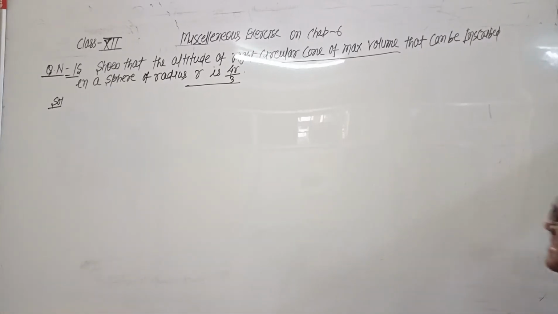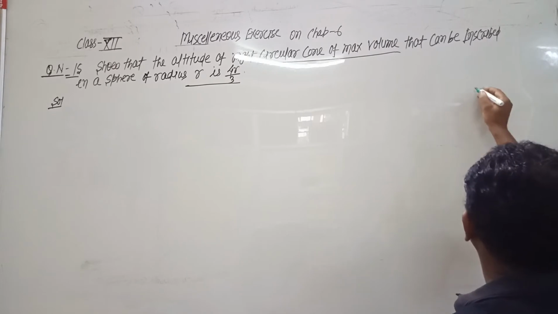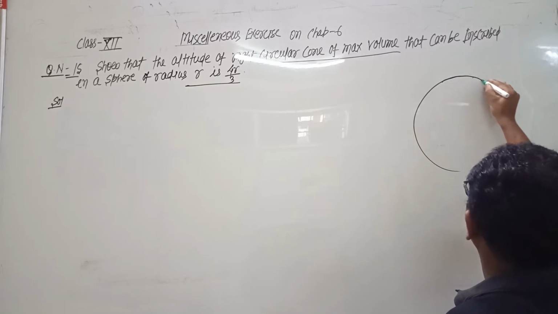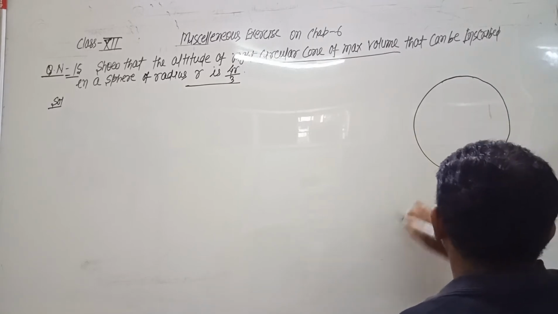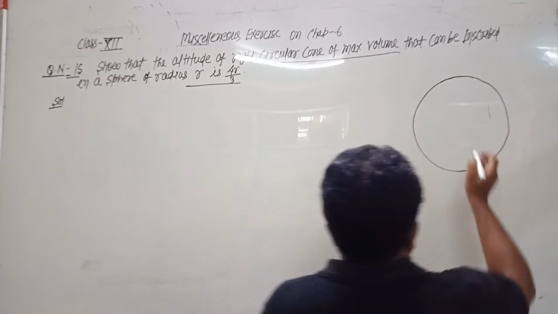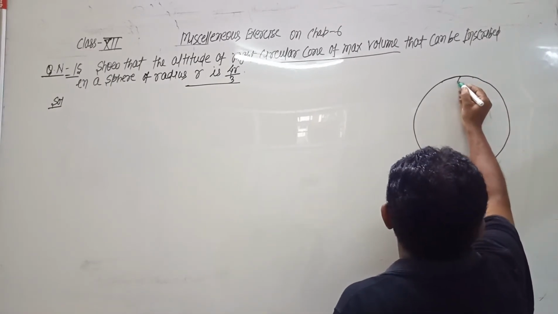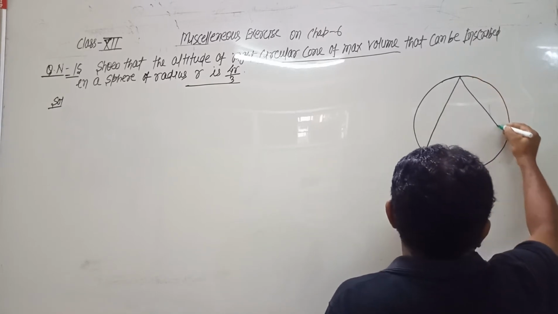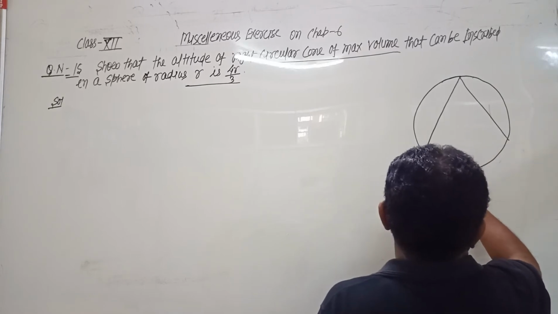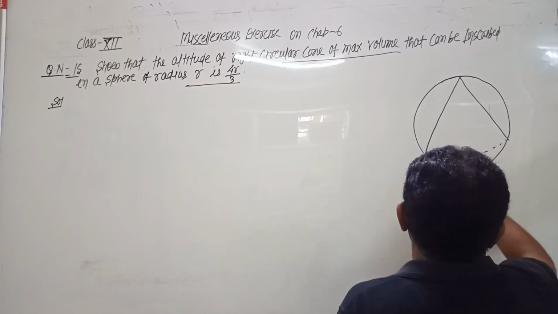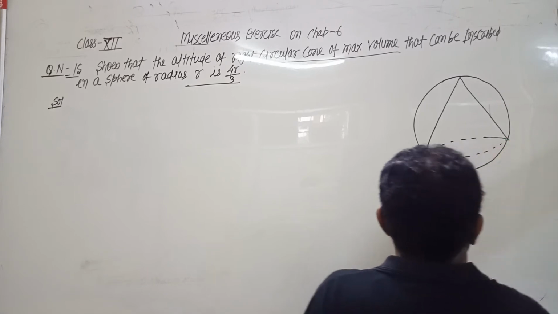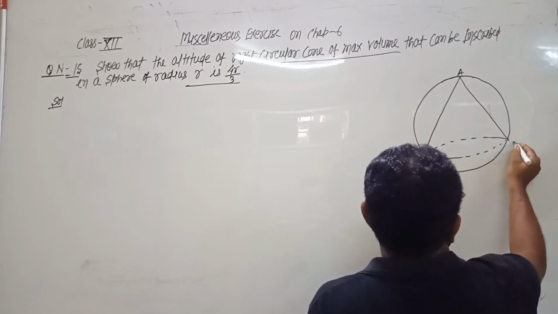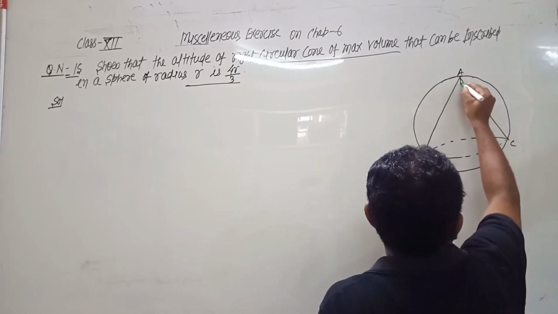So there is a sphere, and a right circular cone ABC is inscribed in the sphere.